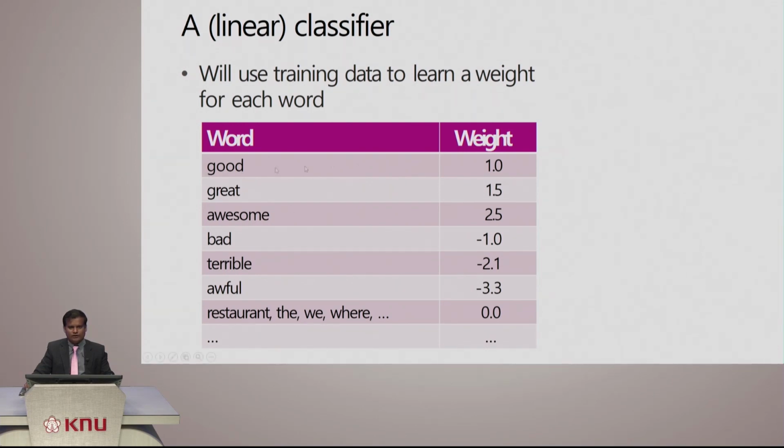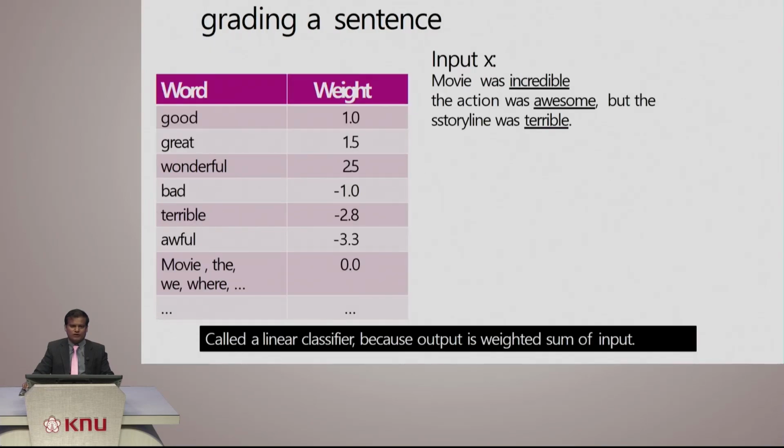So you are giving good 1, great 1.5, awesome 2.5, bad minus 1.0, terrible minus 2.1. Those points are given, and for general words like movie, reviews, comments, you don't give any points. Now we are going to apply those things, like you can see here the same idea.